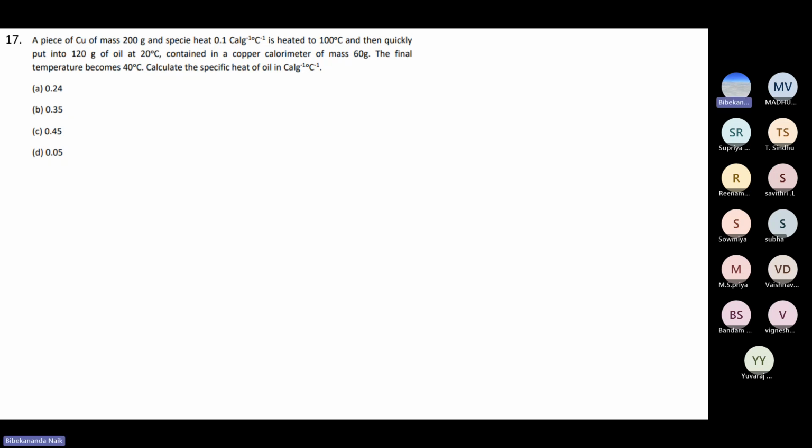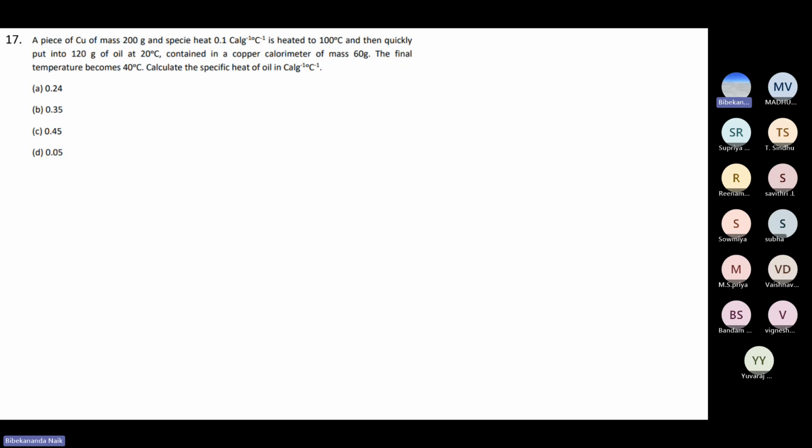Calculate the specific heat of the oil in calorie per gram per degree Celsius.